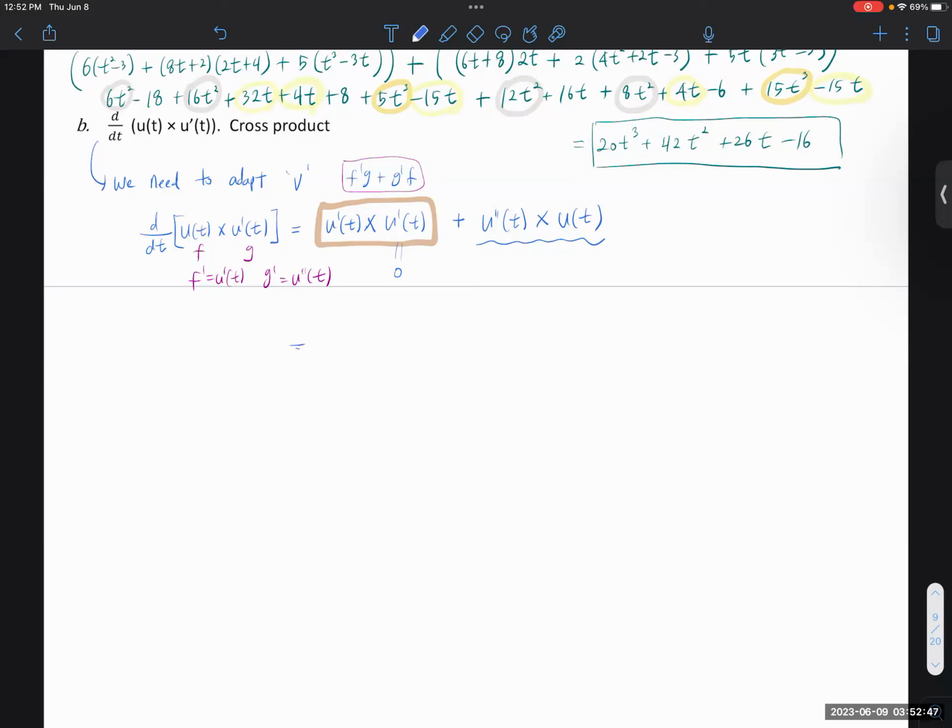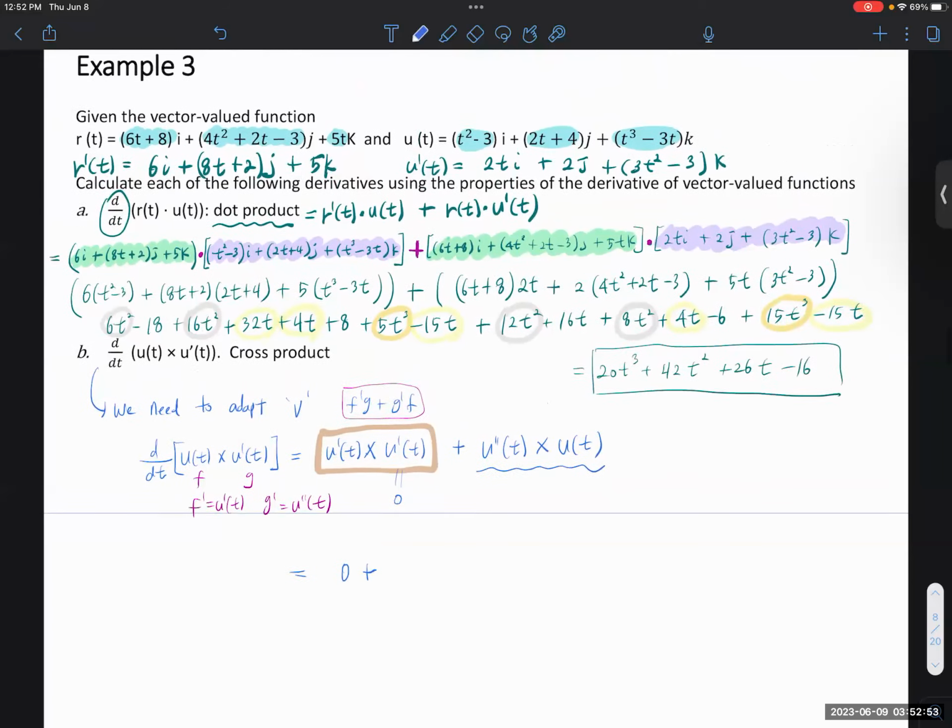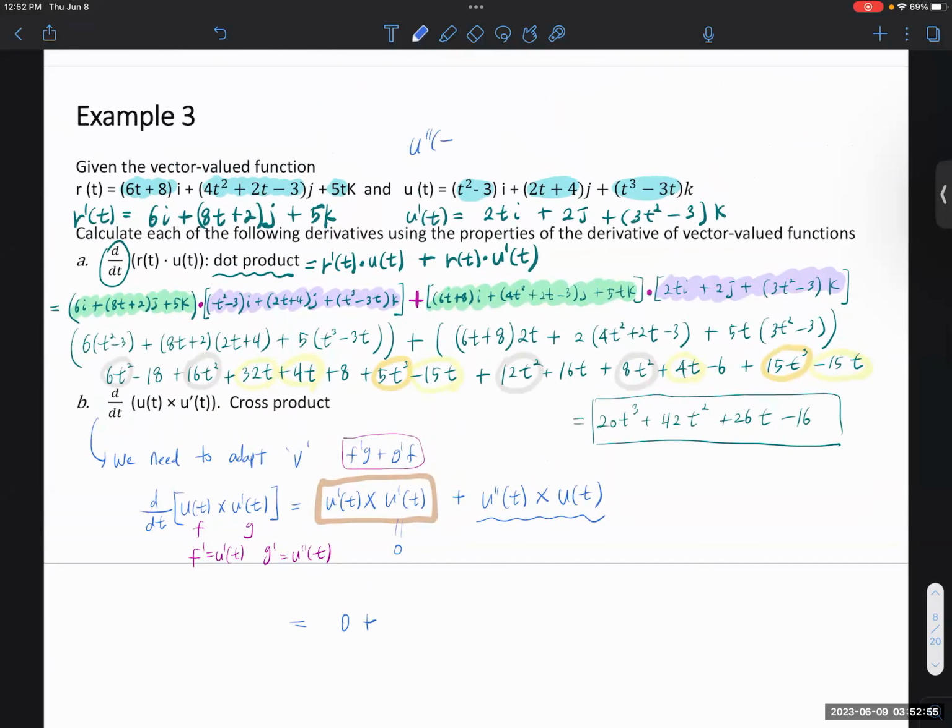So we're going to do 0 plus u double prime. What is u double prime? So we have to take a look at it. U double prime, so from here, you will get 2i plus 0, nothing there, and then 6tk. So that's your u prime, correct?